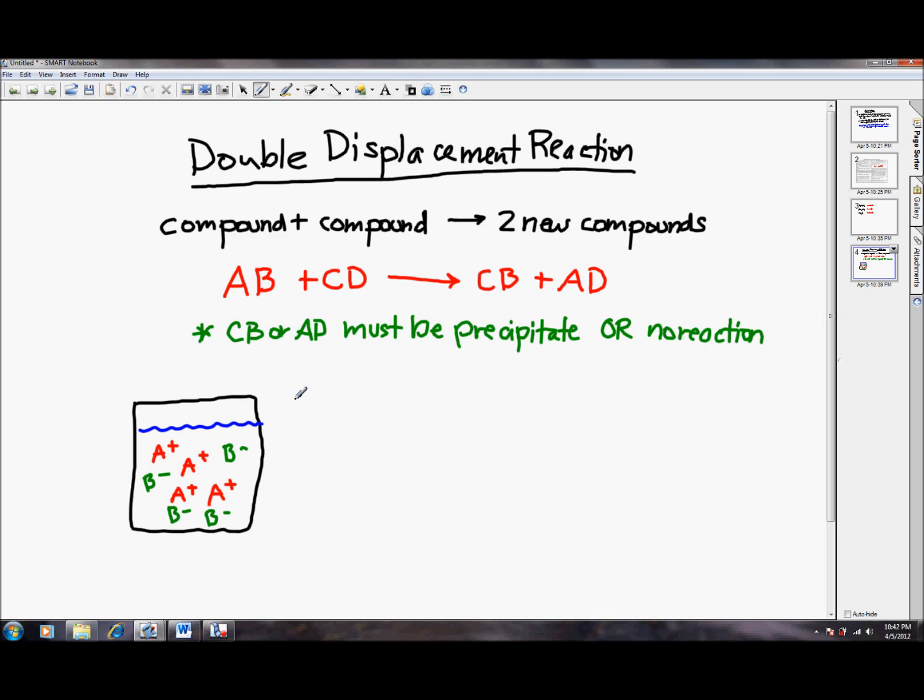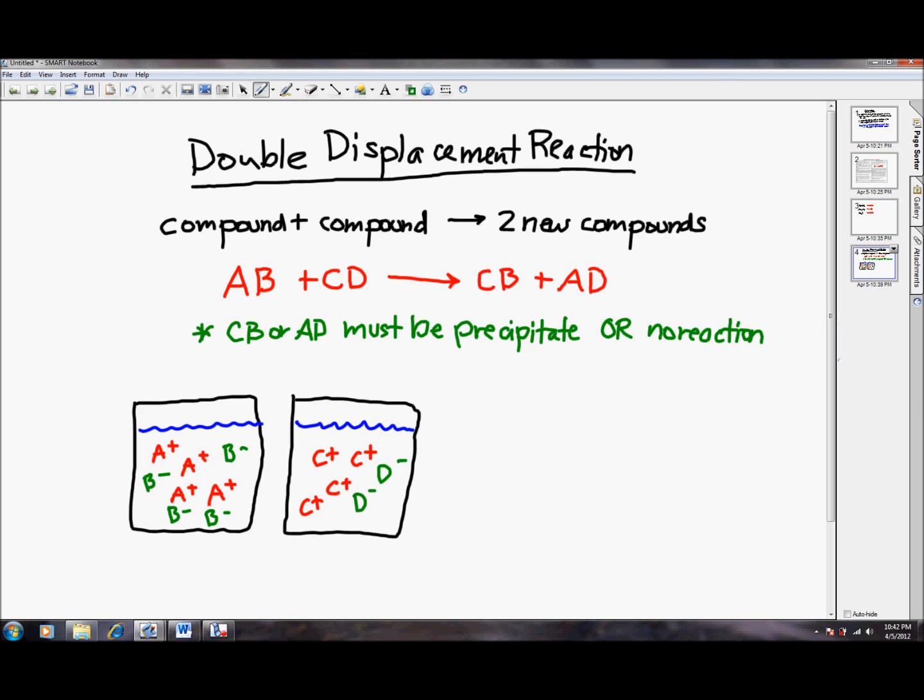Right. In my other container, I'm going to have some C plus and I'm going to have some D minus.